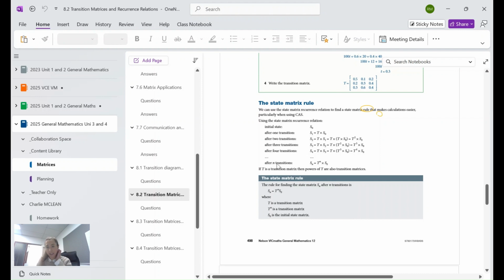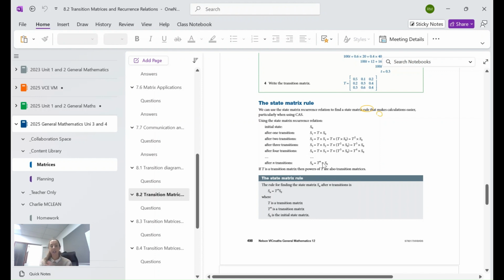So then after n transitions, when we break this down, we can simplify it to say that to find S of n, so say we wanted to find the number of people in each employment type after 50 weeks, that would be S50. So S at 50 weeks is equal to our transition matrix raised to the power of, in this case, 50. See how the n's are both n, they have to be the same.